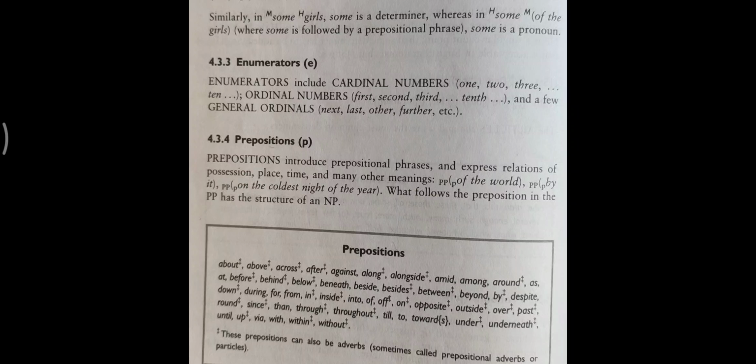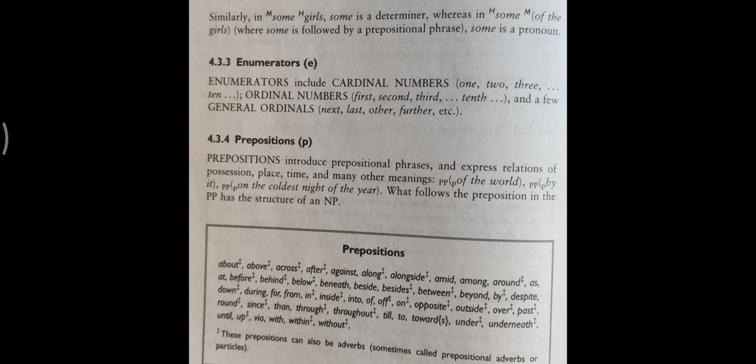Then we have another, general ordinals. These are first, last, next, other, further, like this. So we have enumerators and we can label them with E. While labeling these words, you can easily go through and write them. Then the next closed class word is preposition.